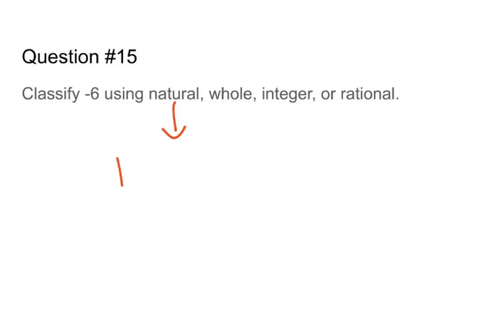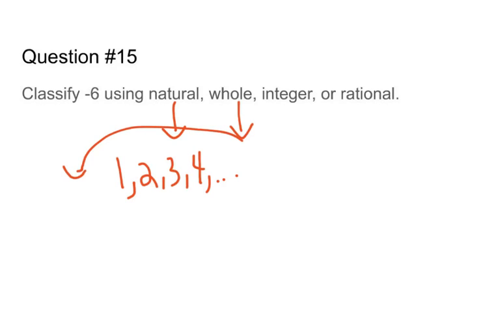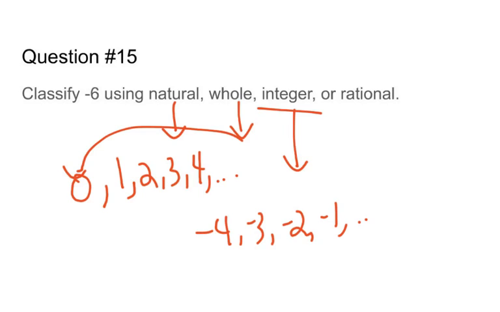Natural numbers are the ones you learned to count by, starting with 1, 2, 3, 4 on up. Whole numbers just put 0 in that group. Integers then put both the negatives and the positives with the whole numbers. And a rational number can be written as a fraction.